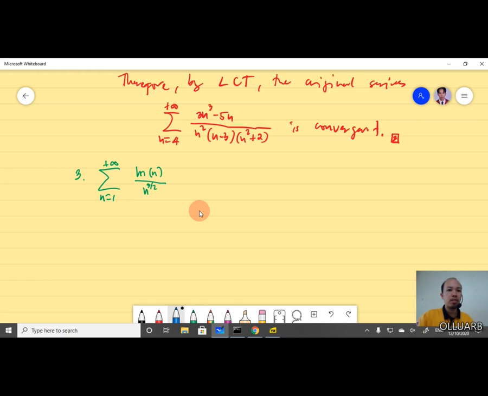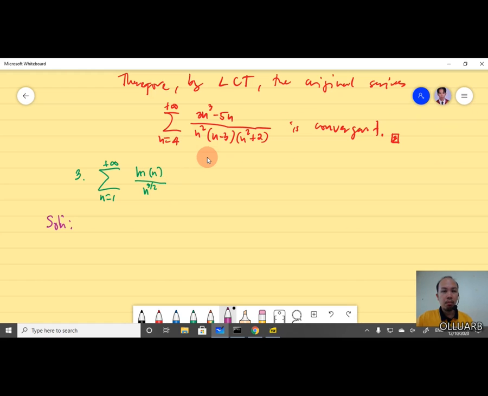Solution. Before we answer this problem using the limit comparison test, notice that in the previous examples, example 1 and 2, a sub n are rational functions of n.